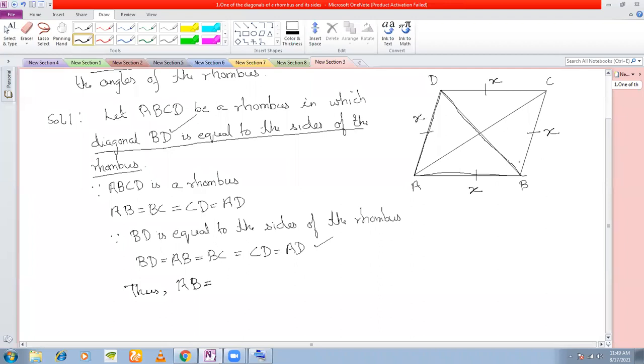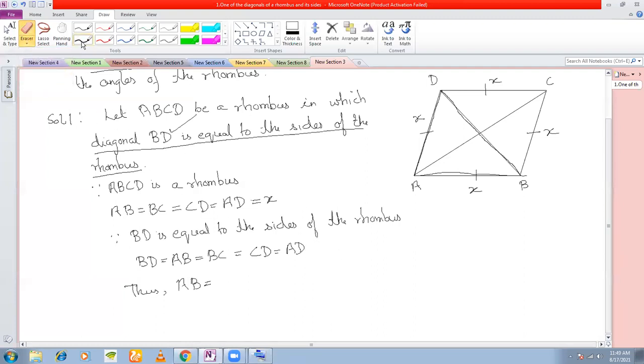Since it's a rhombus, each side we can take as x, and therefore all the four sides must be equal to x.